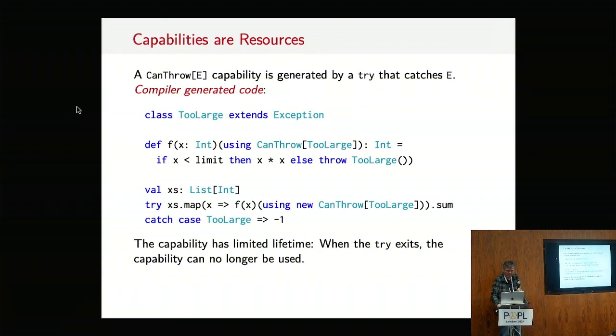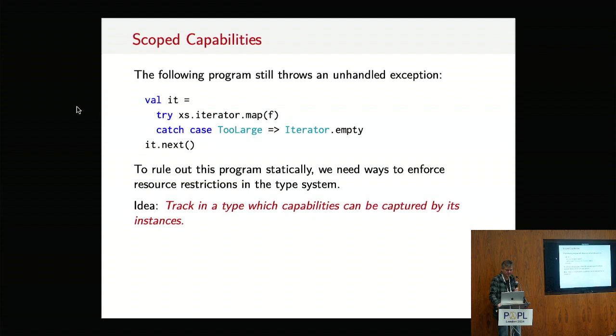Okay, so here's a way to trick the system into doing something bad. Now, instead of just writing xs.map(f), I write xs.iterator.map(f). An iterator is essentially a delayed computation, so nothing happens here. And then outside the try, I write iterator.next. That's the point when the function f will be applied, when I force the next value of the iterator.